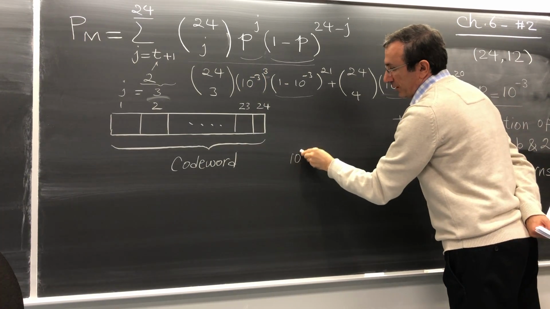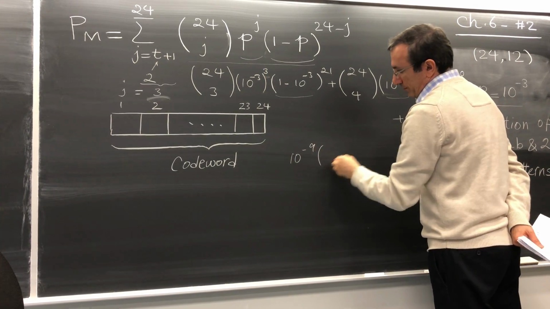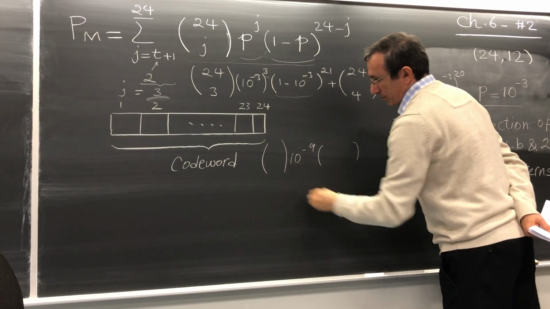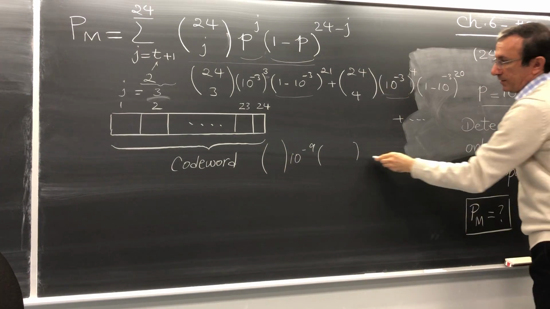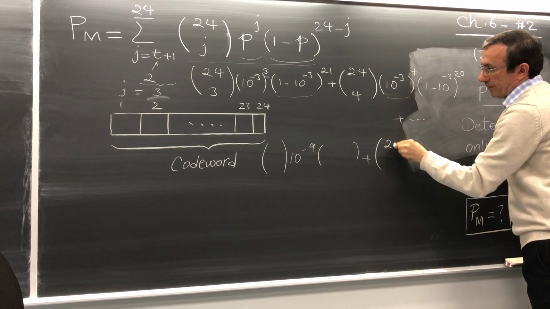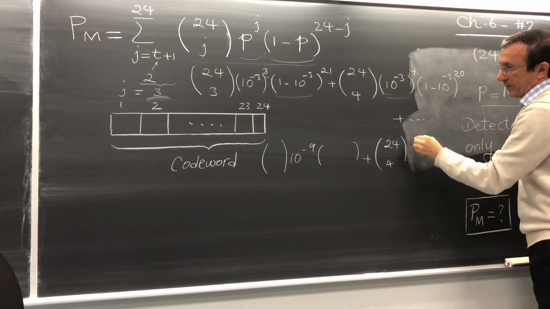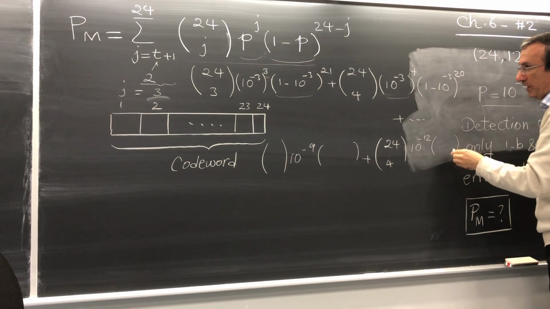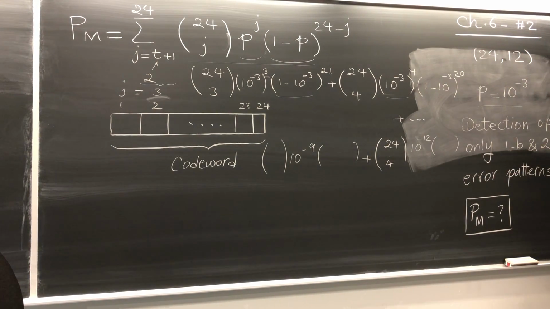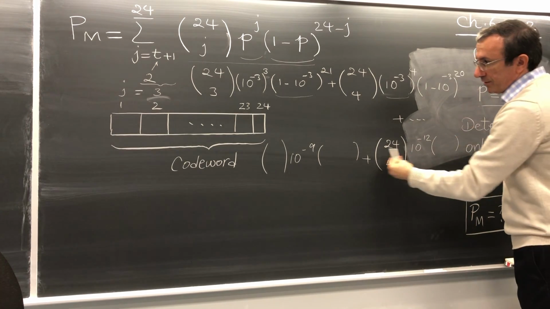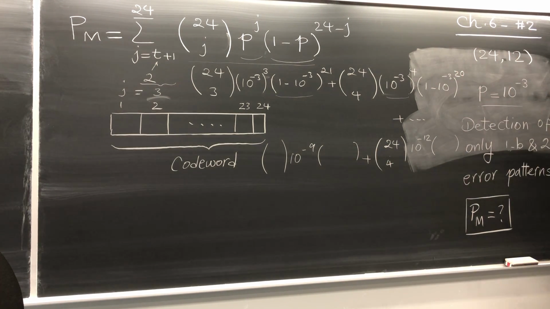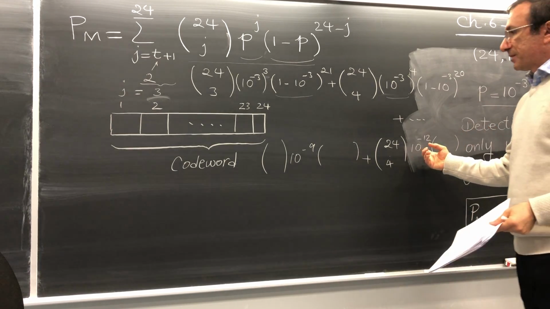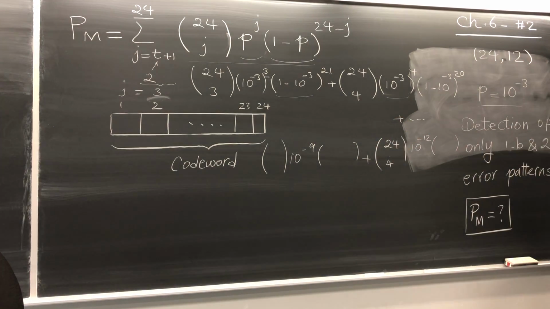That's going to be 10 to the negative 9. Here for the second term, we have 24 choose 4 times 10 to the negative 12 times another second parenthesis, pretty close to 1. So comparing these two terms, we realize that the second term is in the order of 1,000th of the first one.